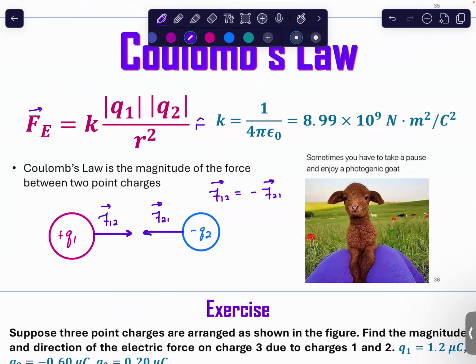When you have a generalized direction of your vector, you can call that r hat, because the connection between the two charges is that distance r. So of course the force is always going to point along the connection between the two charges, either towards or away. And so if you wanted this to be a vector, you could just generalize it as the r hat direction. But for right now, the Coulomb's law we're using is magnitude.